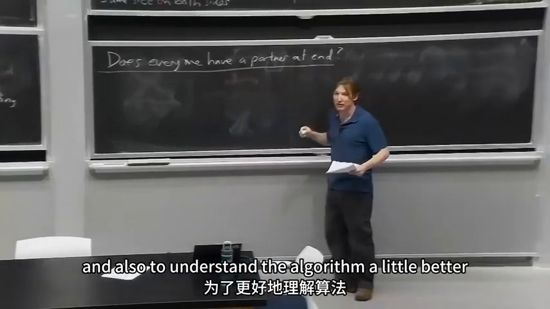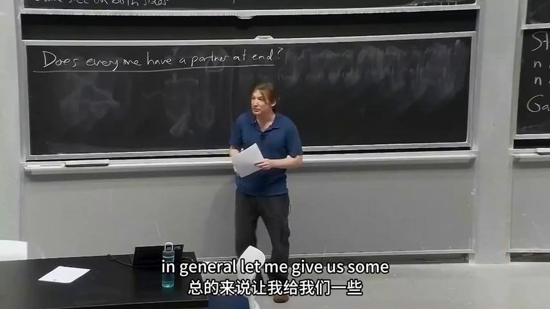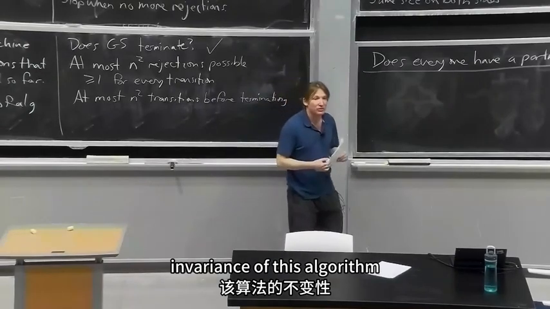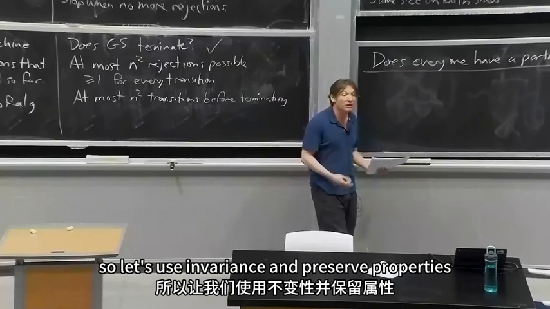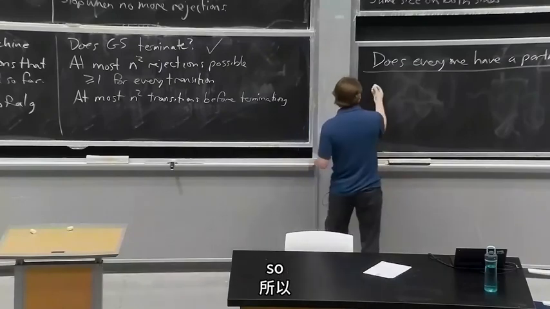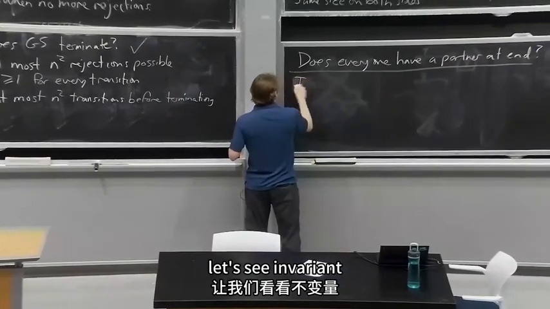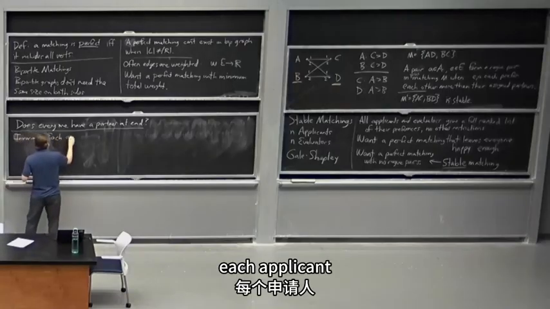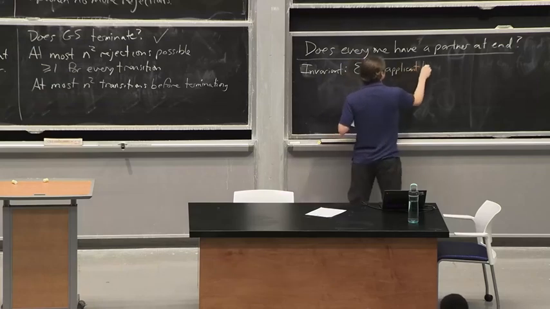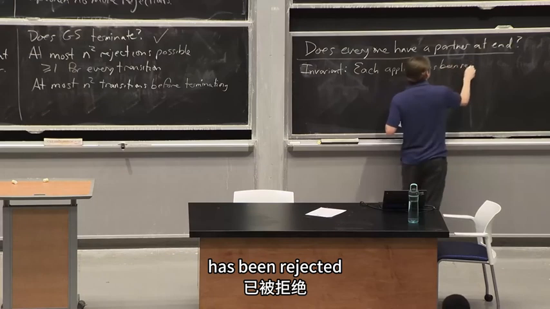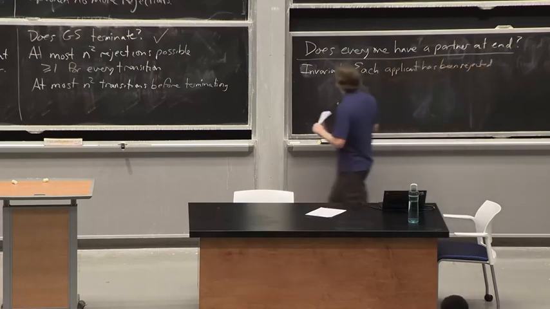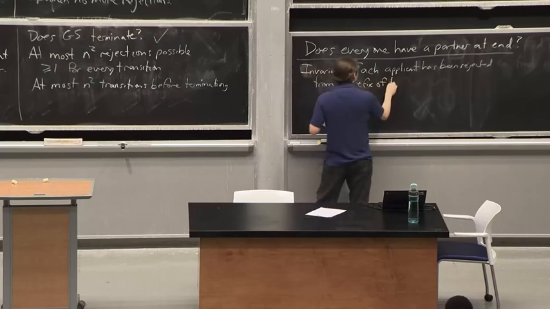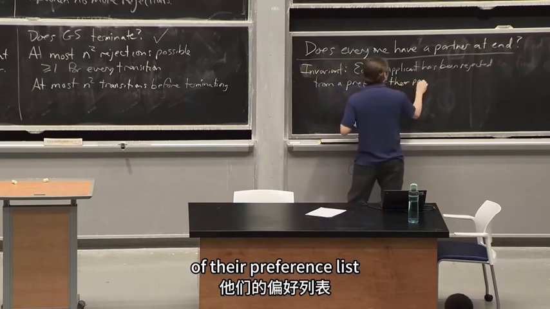And to talk about this and also to understand the algorithm a little better in general, let me give us some invariants of this algorithm. This algorithm is a state machine, so let's use invariants and preserved properties to talk about it. So let's see, invariant. Each applicant has been rejected from a prefix of their preference list.